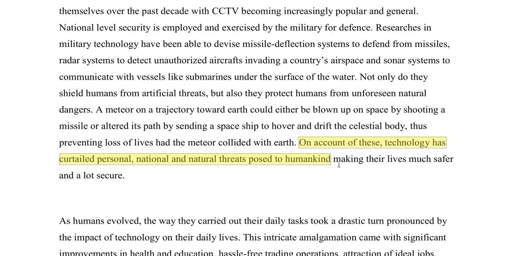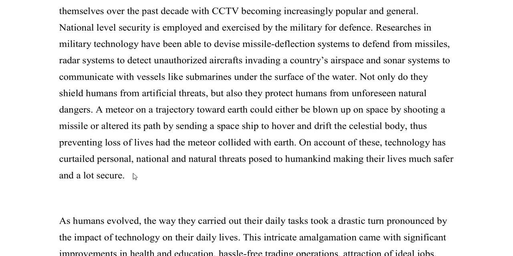Let's end this. This is the closing sentence. On account of this, taking all this into consideration, technology has curtailed personal, national and natural threats posed to humankind, making their lives much safer and more secure.